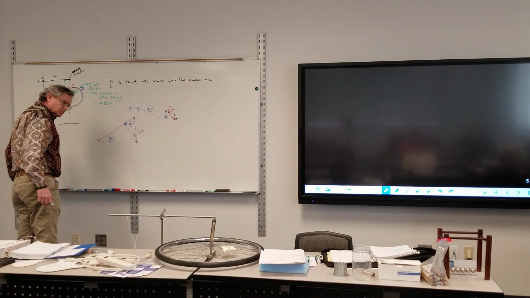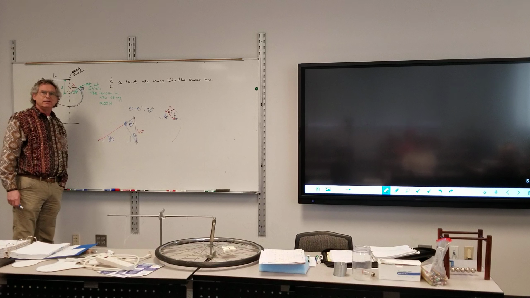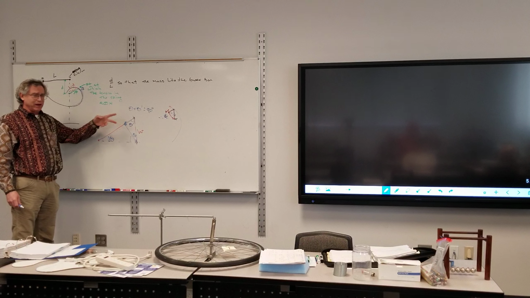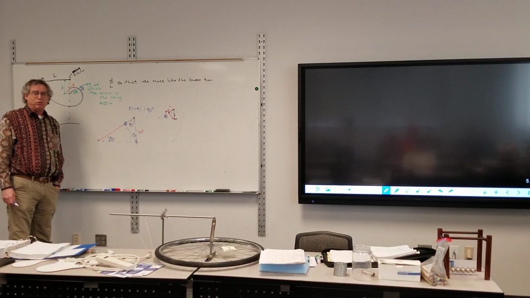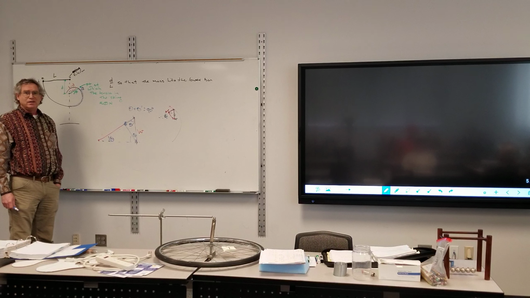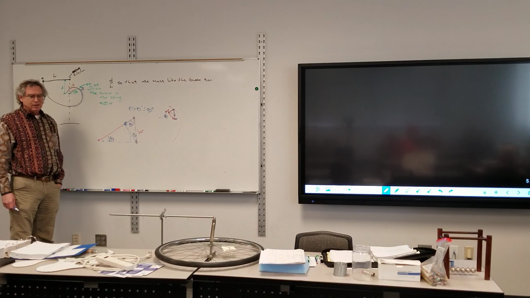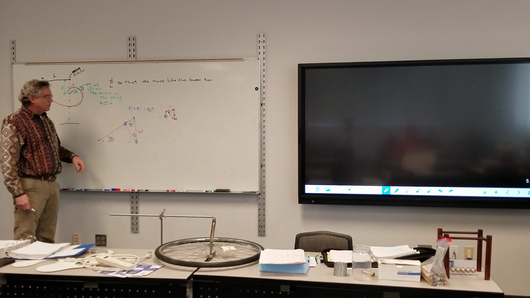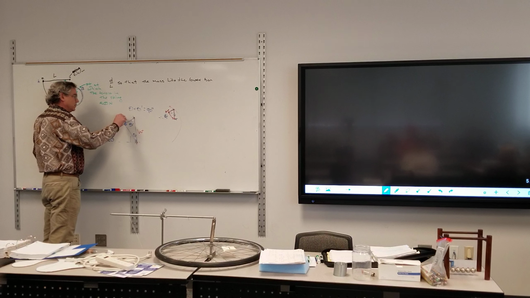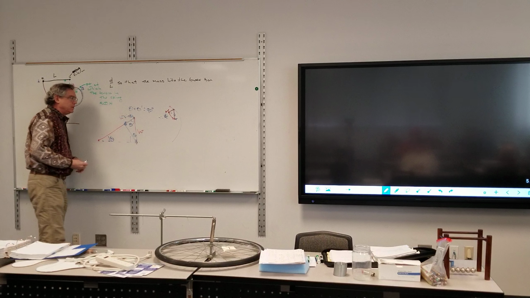Oh, wait, no, sine. You say sine or cosine, I have two angles. It's cosine of one and sine of the other. W sine theta. All right, so this would be W sine of theta.